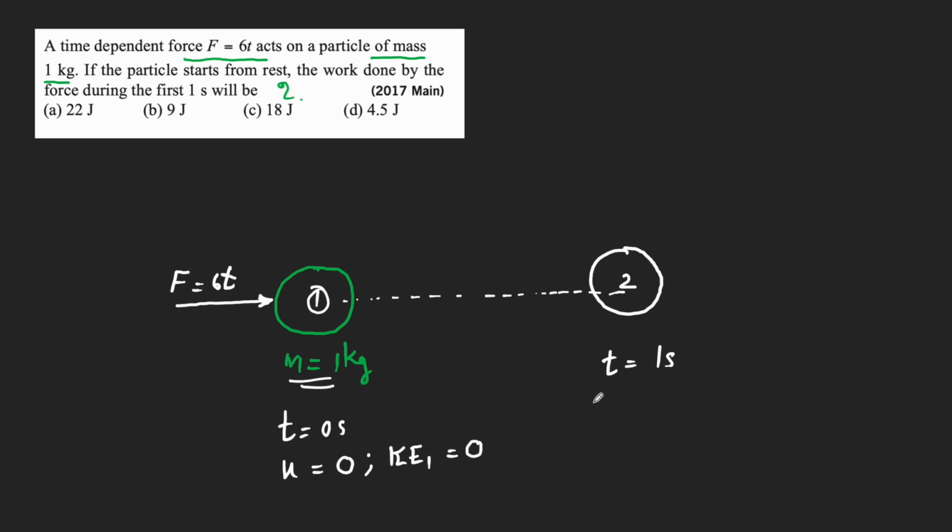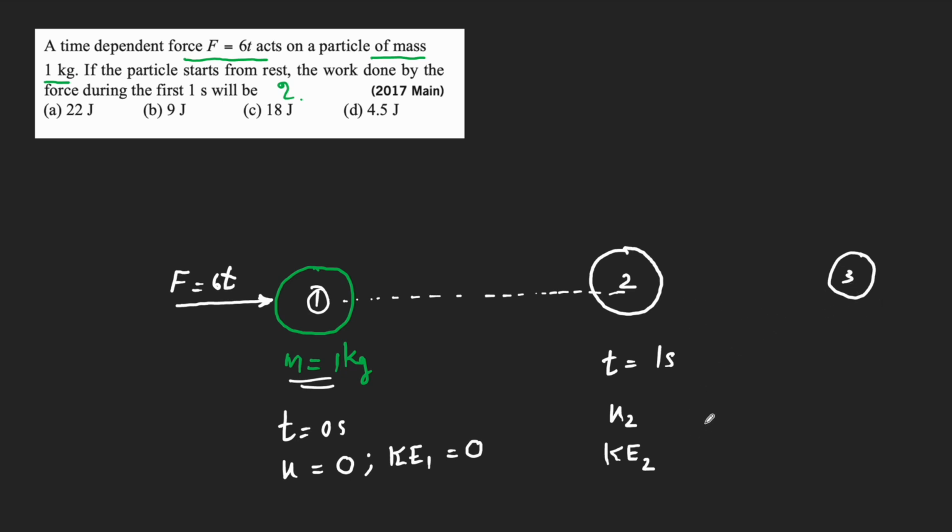At t equal to 1 second, it must have a velocity u2, and it must have a kinetic energy KE2 because it's moving. In the next second it might be somewhere here, but we are not bothered about that.